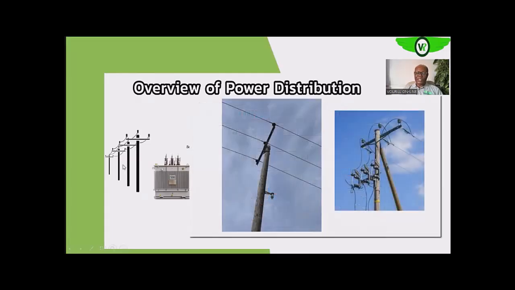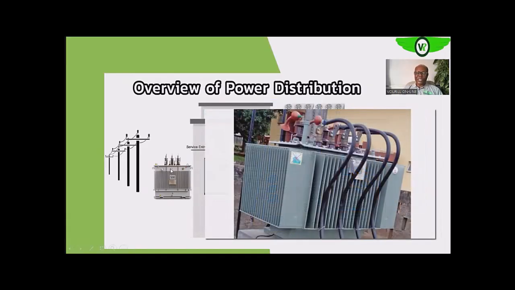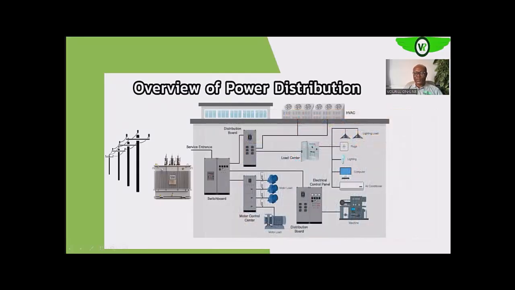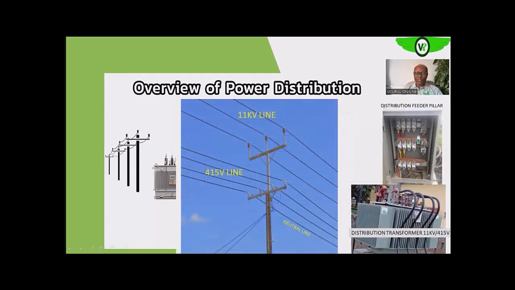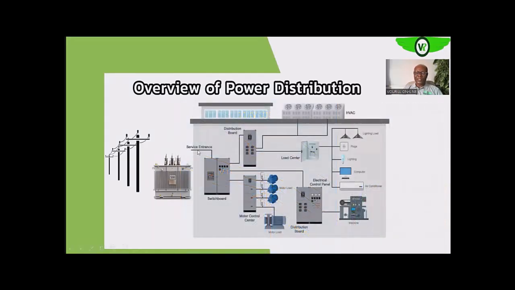As it gets to where it will be used, transformers are needed to reduce it to the lowest voltage level of your distribution system, that is 415 volts phase to phase, or 220 volts phase to neutral. It is from this distribution transformer that the consumers now connect into their service entrance or their switchboard.